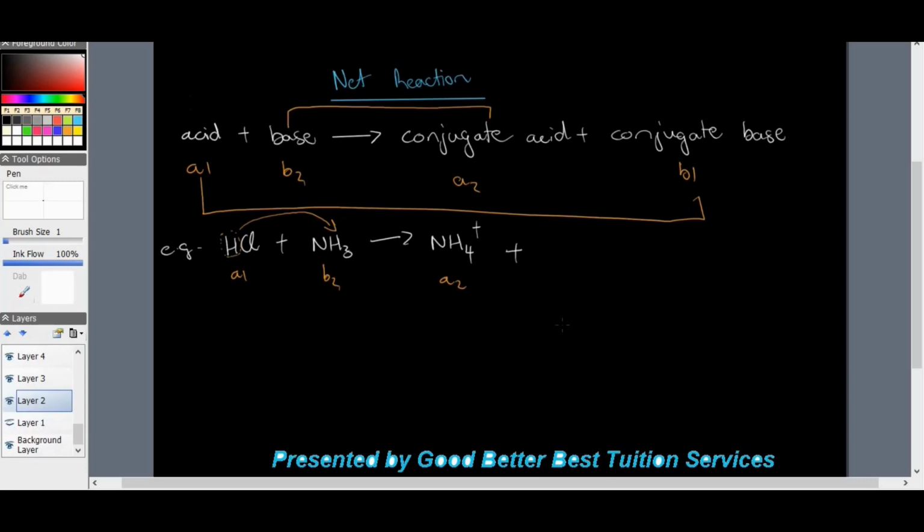So now HCl has donated its hydrogen proton to ammonia. Ammonium has formed, forming the conjugate acid. What is left is only the Cl ion. So we are only left with Cl minus. And that, my dear friends, is B1.